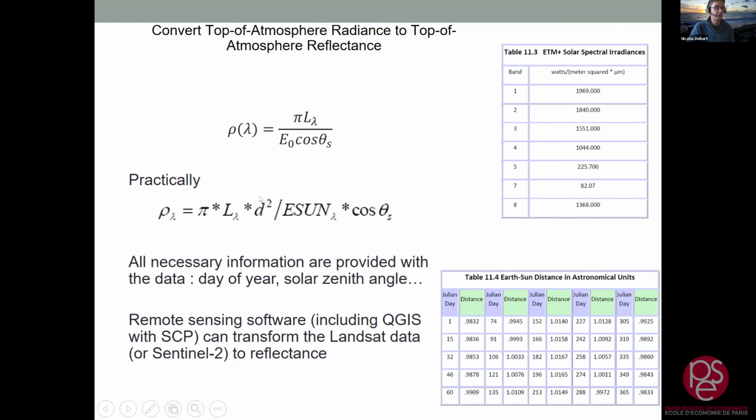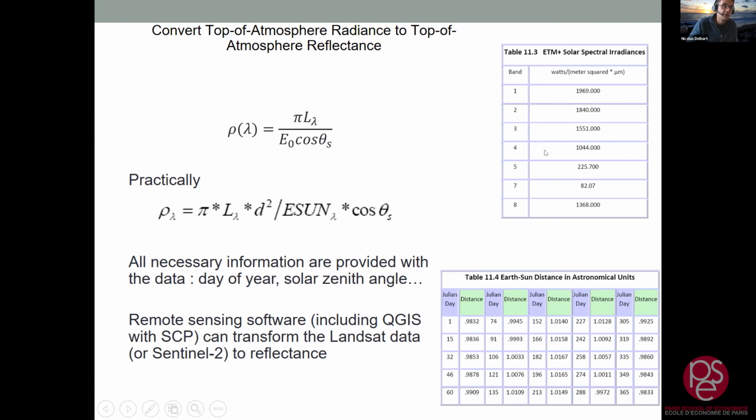So we can introduce it in the equation in order to calculate this reflectance. So basically, this equation that allows us to derive the reflectance for each spectral band needs some parameters that are all provided with data directly or indirectly.